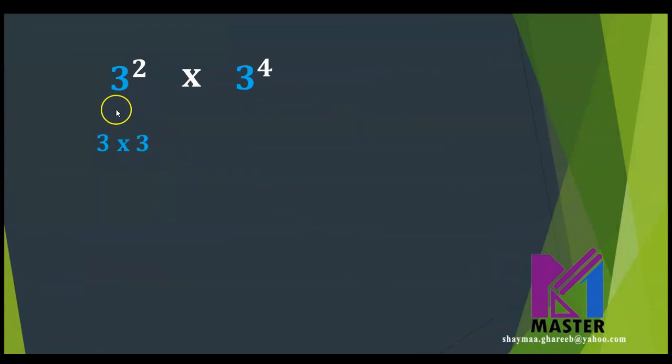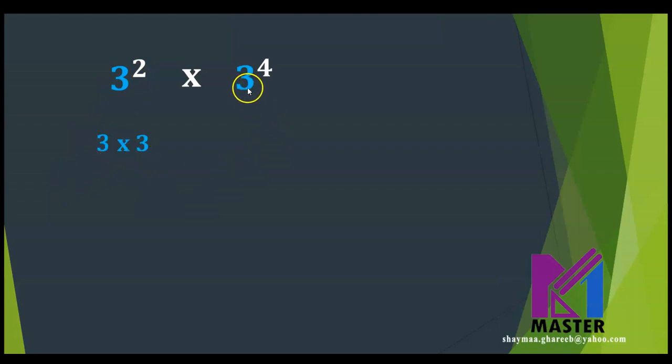Look at the first example here. If I have 3 to the power of 2 multiplied by 3 to the power of 4, I can write 3 to the power of 2, or 3 squared, as 3 times 3.